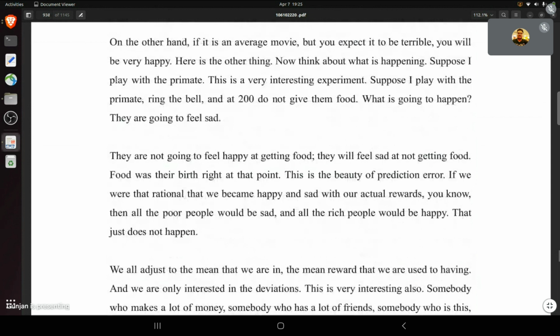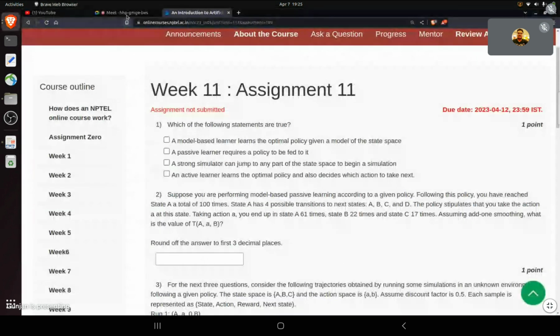So what I would say is that reward is measured as the spike that comes when the food is given, and that is something that I can say.